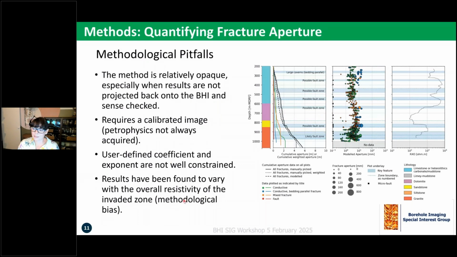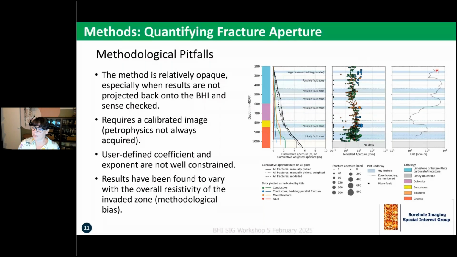One of the things I've noticed is that the actual results tend to track with overall invaded zone resistivity. This example is from one of the Ramsey wells. Sorry, I didn't put a citation on that. It's not a particularly strong example; I have seen stronger ones.